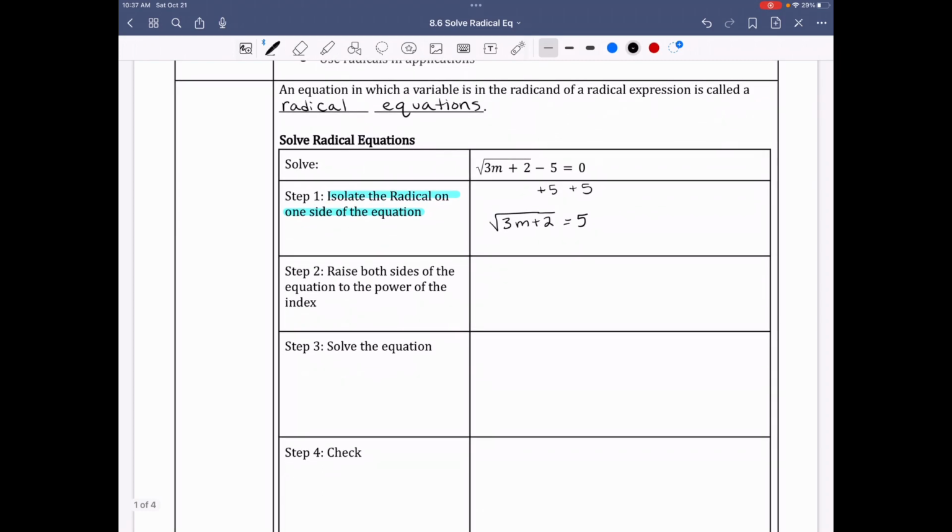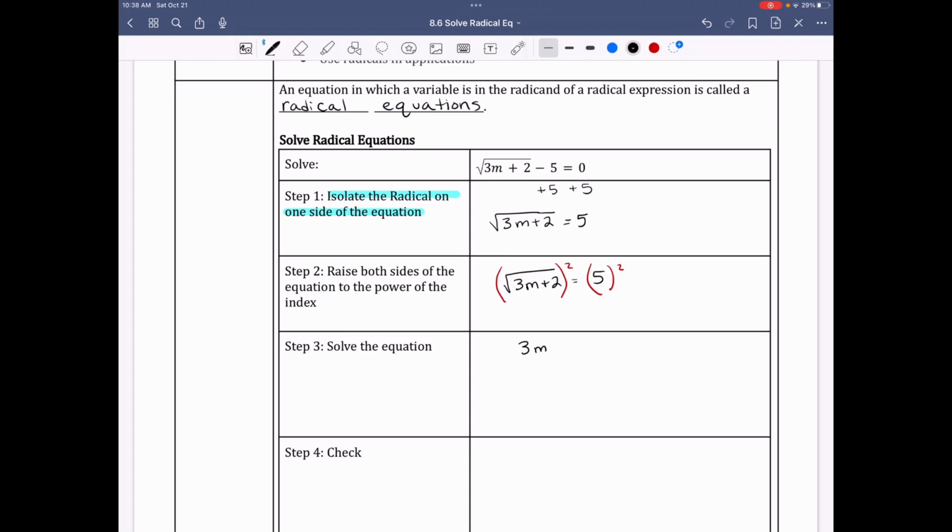Step 2 is to raise both sides of the equation to the power of the index. In this case, it's a square root, so the index is 2, which means we're going to take both sides and we're going to square it. From there, we get this equation.